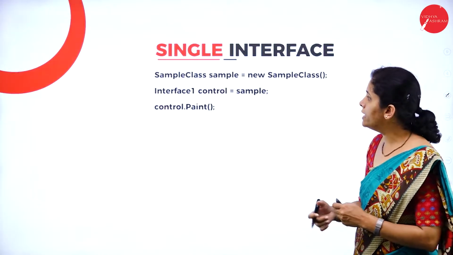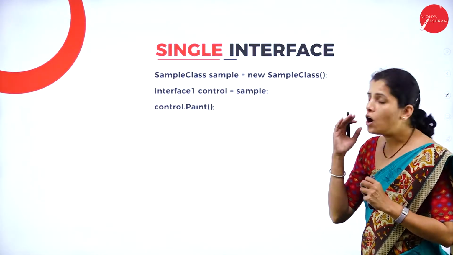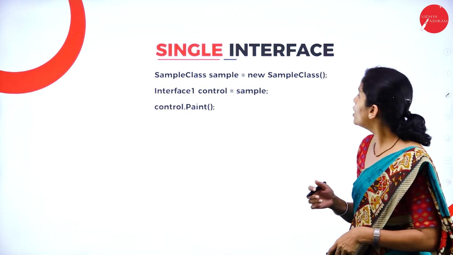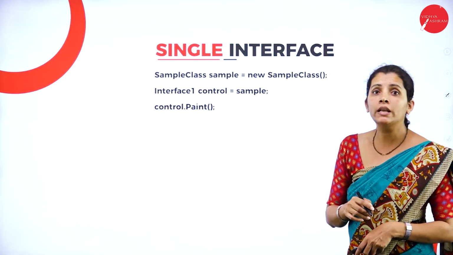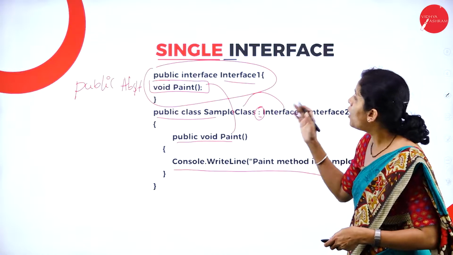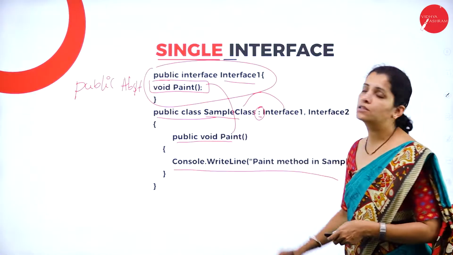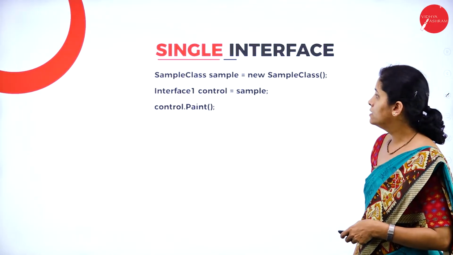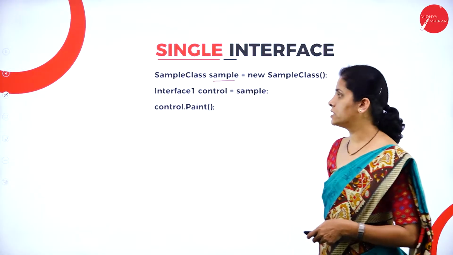Now dear student, how to call and how to use the interface. First, I want to create an object. And I am going to create the object for the class. So what is my class name? That is Sample. So I am going to create the object.